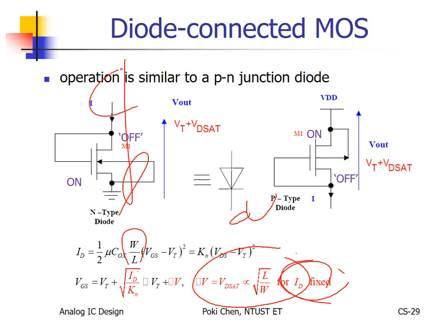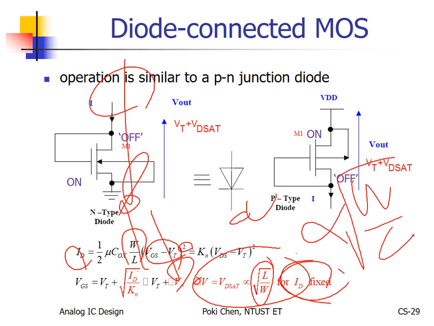So if you tune W over L while the current is fixed, delta V, the difference between VGS and threshold voltage, is proportional to the square root of L over W. It is not reversed.